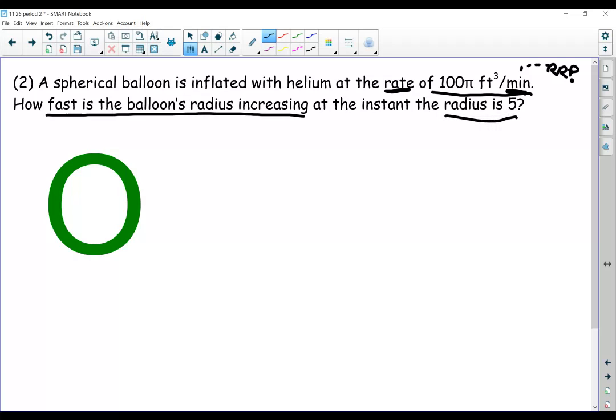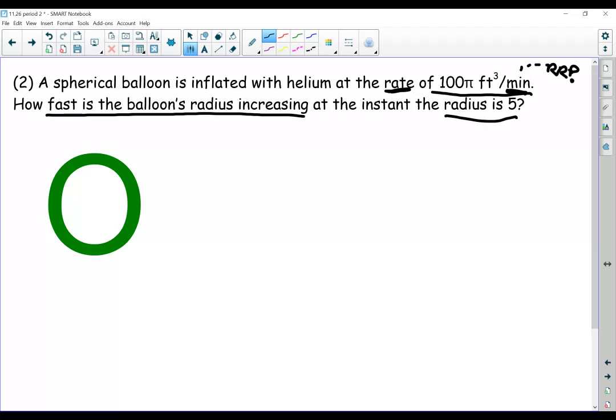Okay, so in a related rates situation, you'll recognize it because we're going to have some sort of object changing or something in motion, and we're trying to figure out some rates. They're going to give us rates, and we're going to find other rates, but that's like the last step. All of these things are changing situations.